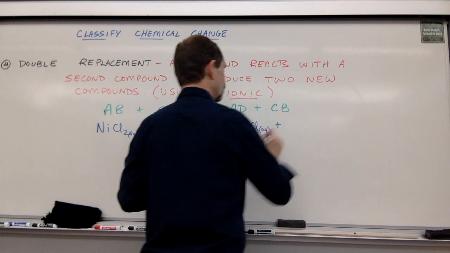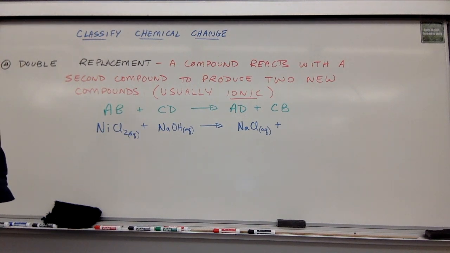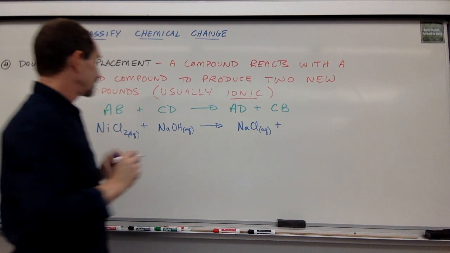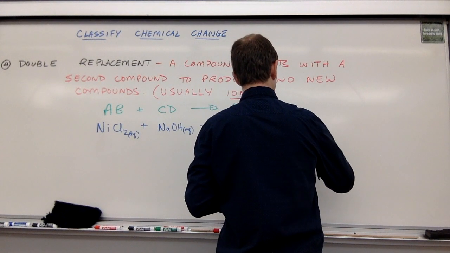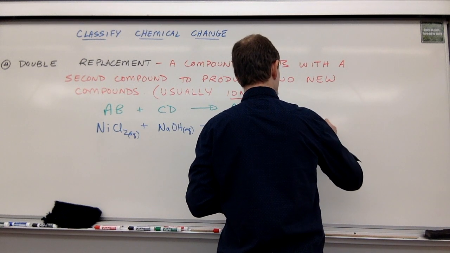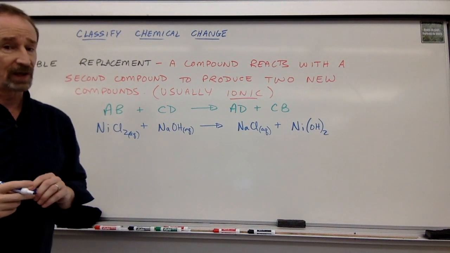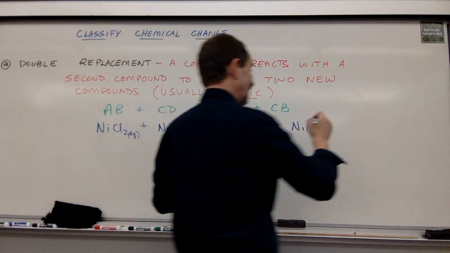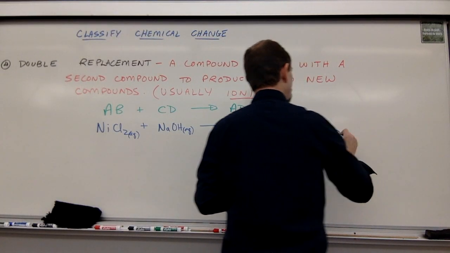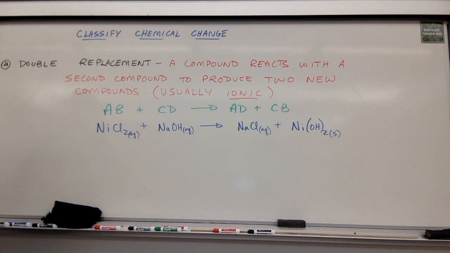It will dissolve, so we use the AQ as a subscript, and nickel hydroxide. And since nickel has a 2+ charge, I need 2 hydroxides. Nickel hydroxide has low solubility in water, and so that will be a solid.